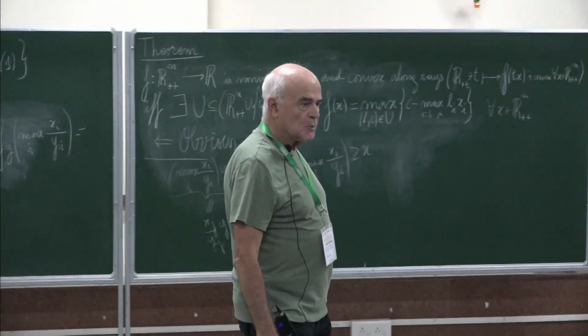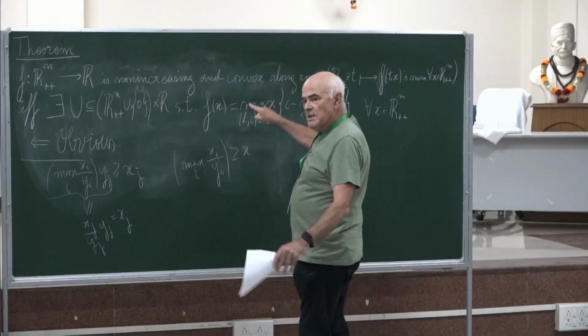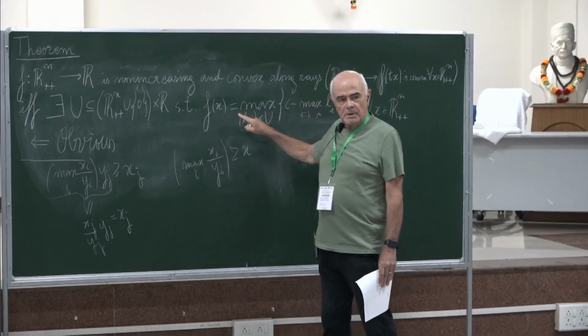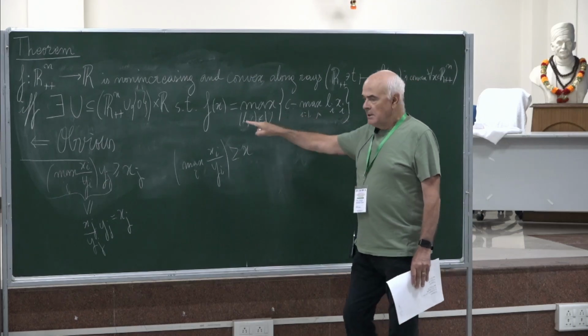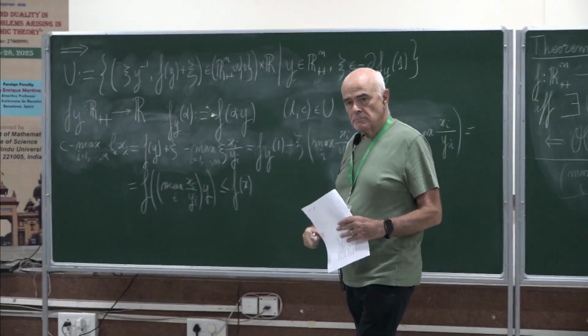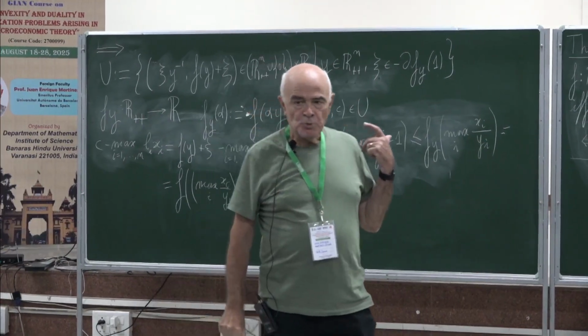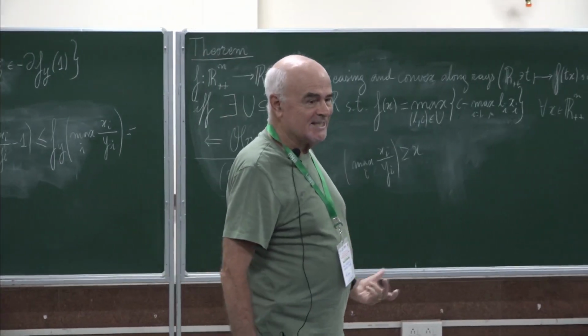So what have I proved so far? That the supremum, I still don't know if it is a maximum, that the supremum in this right-hand side is less than or equal to the left-hand side, f of x. But I want to prove equality. And I want to prove that the maximum is attained.